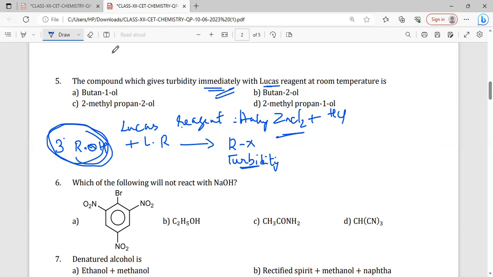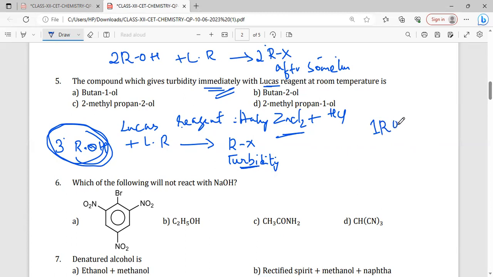So if you add Lucas reagent to secondary alcohol, obviously even it will show turbidity by forming a secondary alkyl halide, but after some time, not immediately, right? And with primary alcohol, we know that the reaction happens very slowly when you add Lucas reagent.